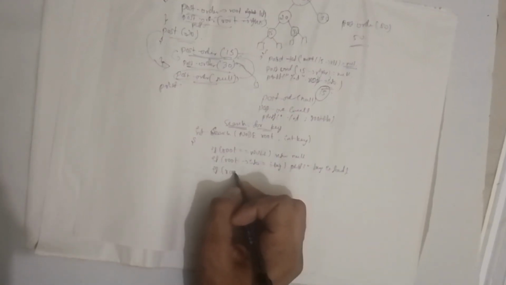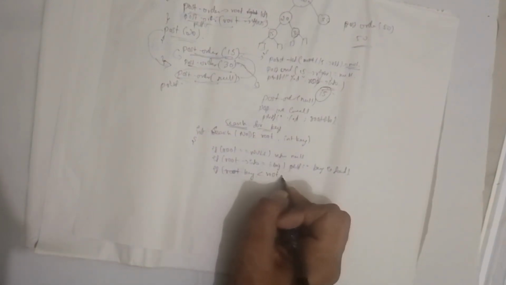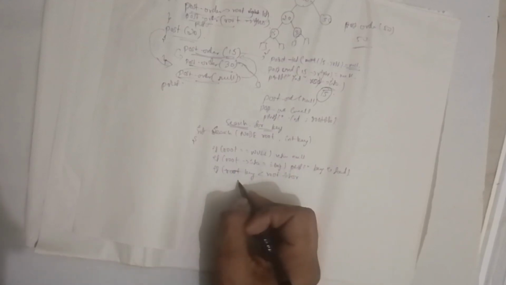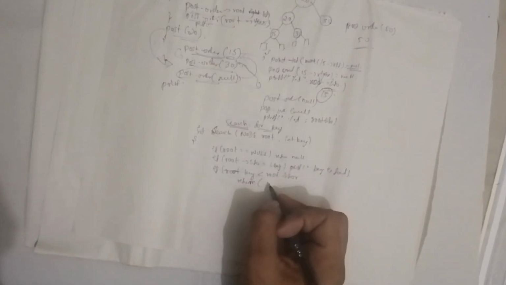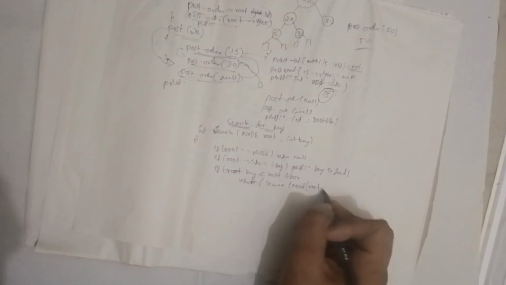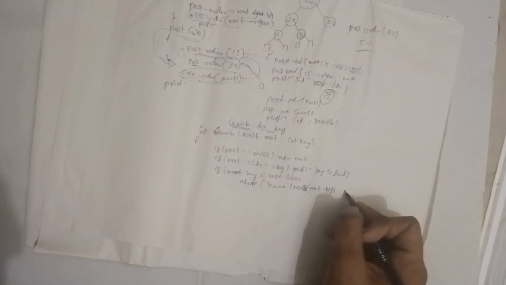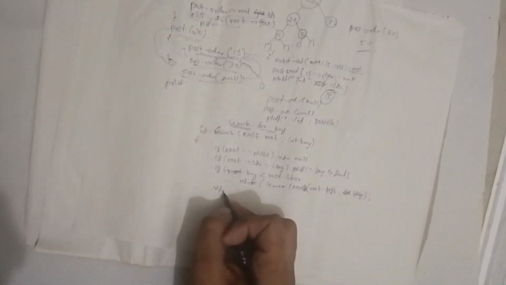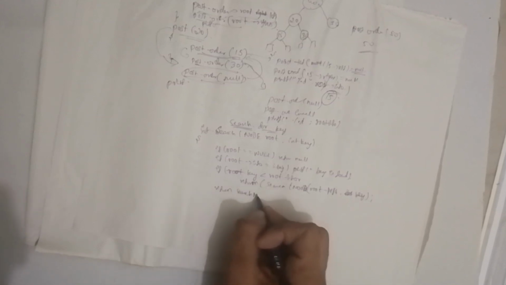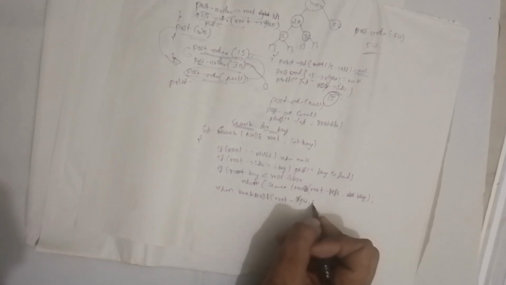Or if key is less than root info, return the recursive function: return search node root left comma int key. Or else return search node root right key.